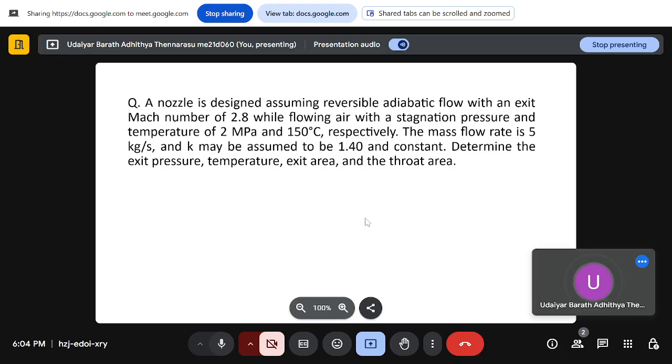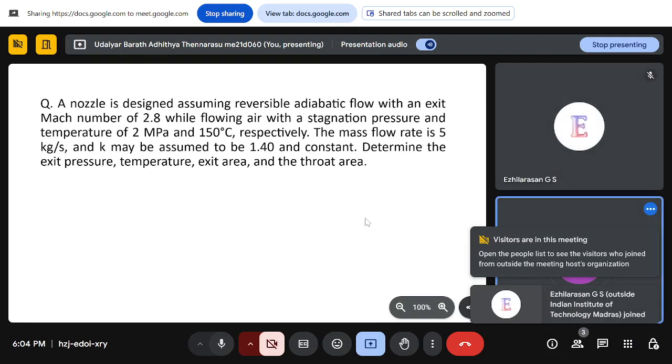In other cases, when your exit pressure is lower than a certain value, you may experience a shock after the throat.